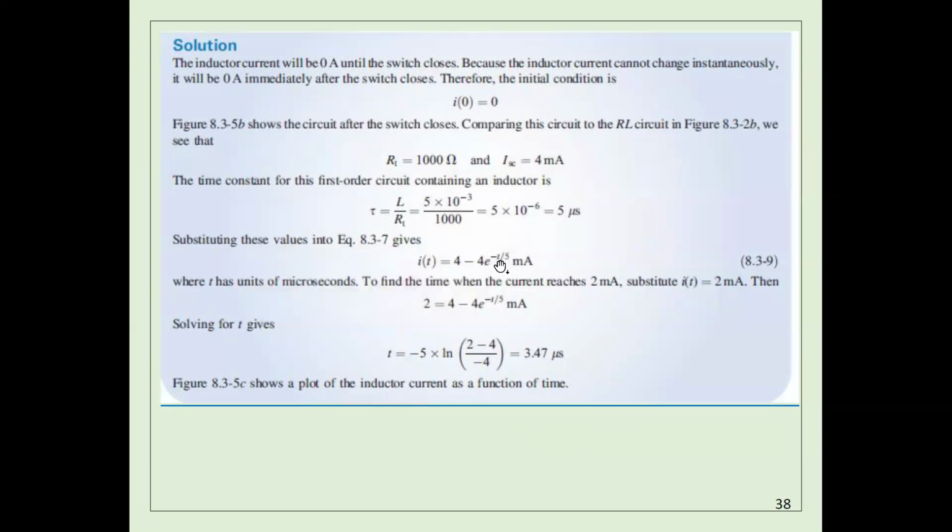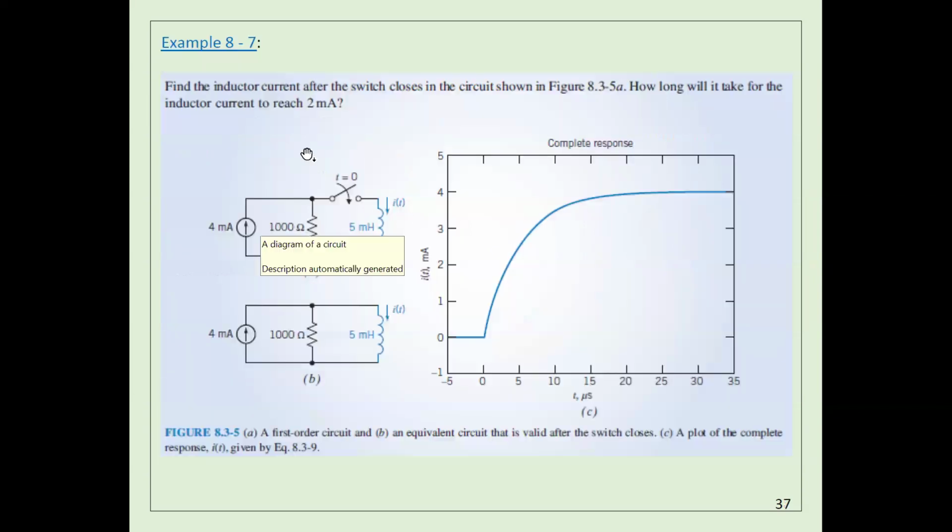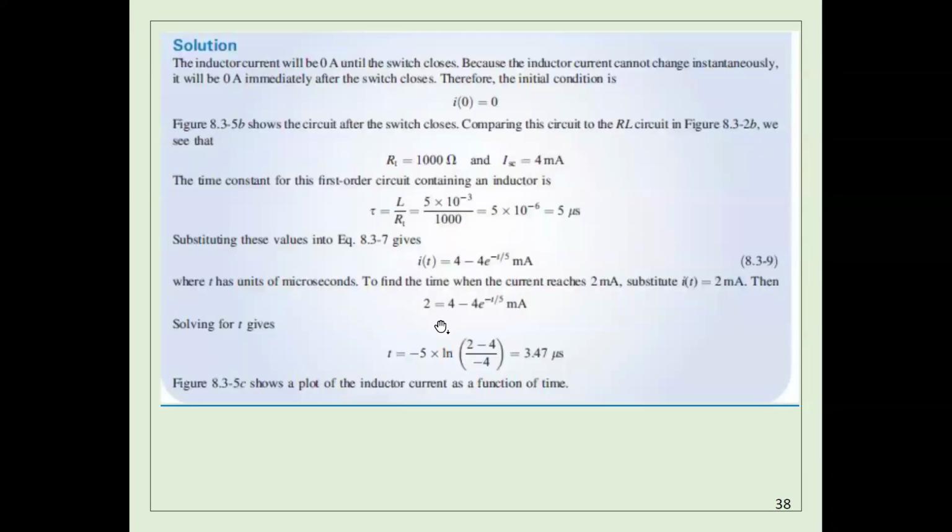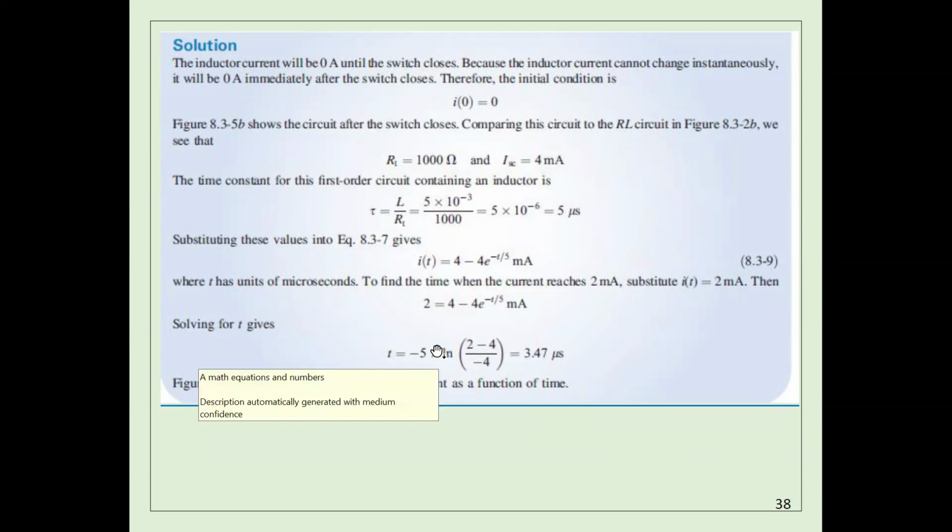You just plug in the time to get I. But in this question, I tell you I, and ask how long it will take for the inductor current to reach 2 milliampere. So I plug in I, which is 2 milliampere, and then I need to find T. You have the equation, so I give you one value, you can get the other one. Any questions? Very easy, just straightforward.